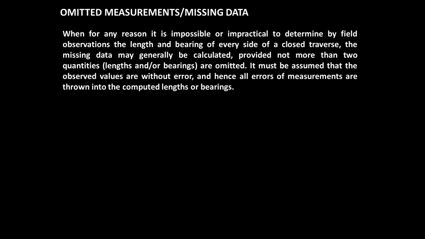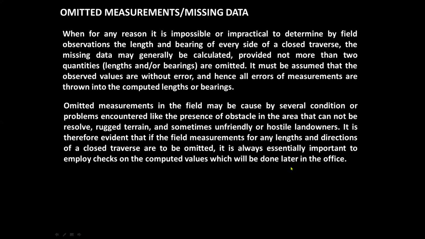Ibig sabihin, kailangan isang length lang ng line at bearing. Or maaaring magkaiwalay ang dalawa, length ng isang line at bearing ng isang line ang naka-omit. And it must be assumed that the observed values are without error, and hence, all errors of measurements are thrown into the computed lengths or bearings.